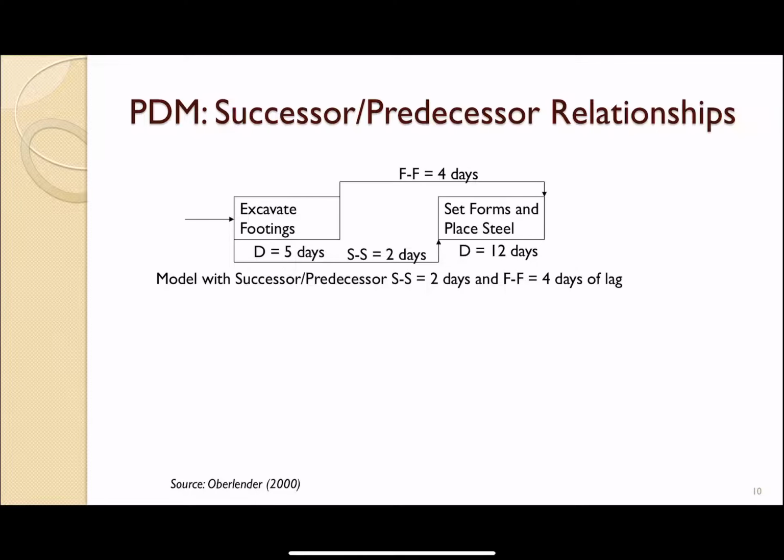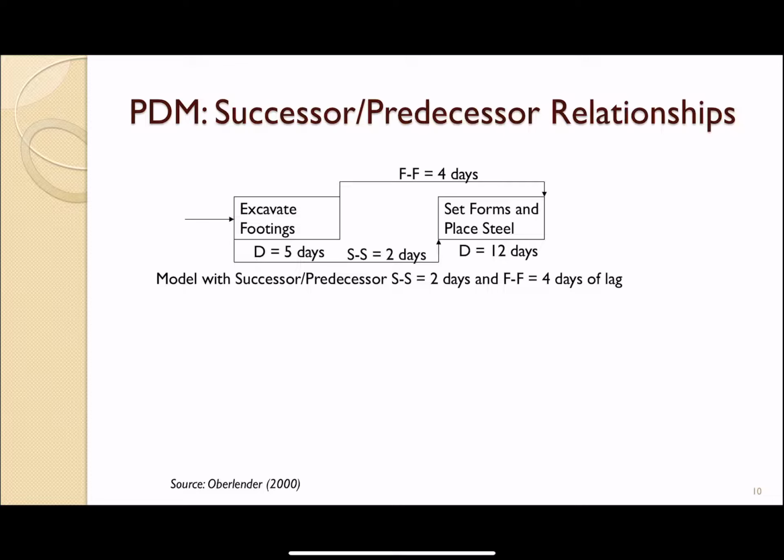The other example, as you can see, for the relationship, in this case you have 2 relationships, finish to finish and start to start, of excavate footing, set form and place steel or rebar, that you do in project 1 and that you will schedule in project 2, which will be discussed in today's class as well.